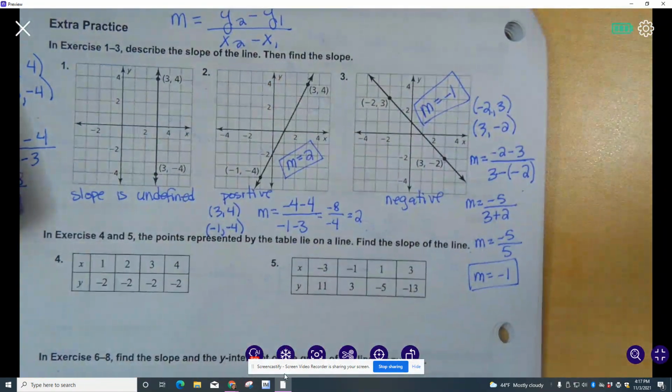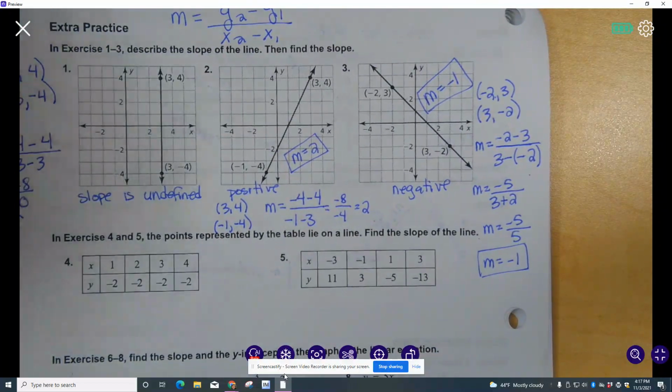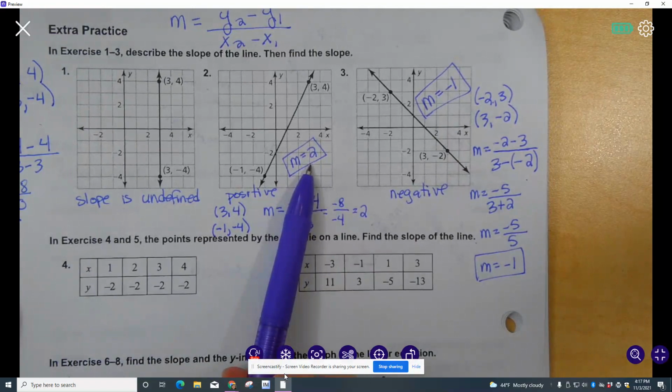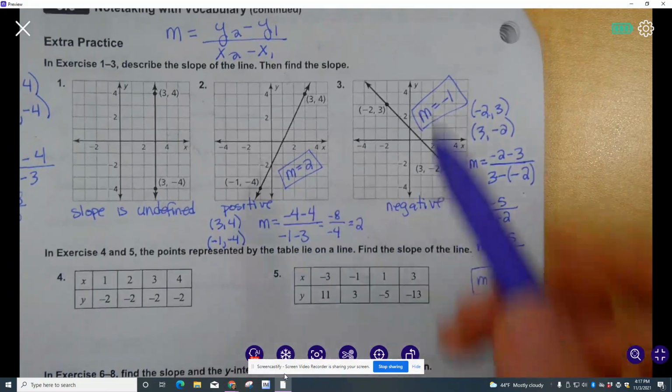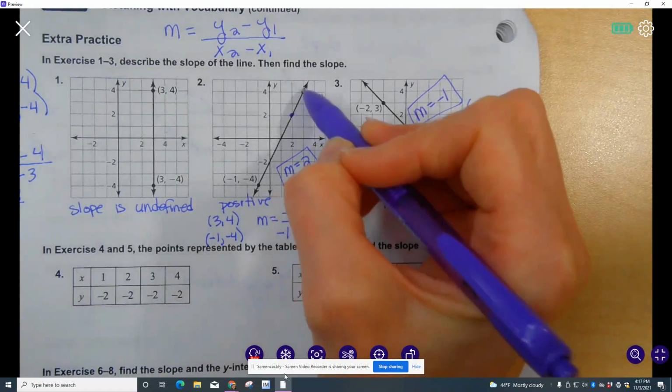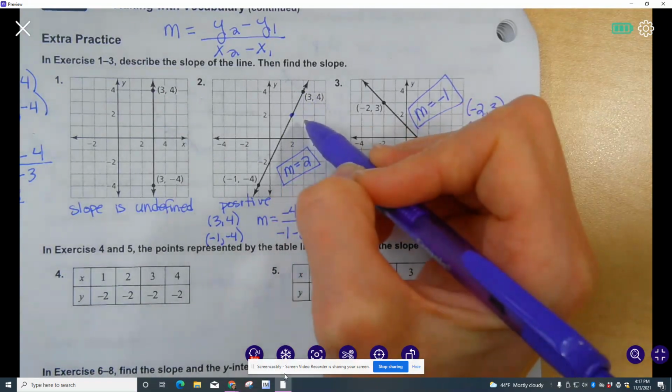Okay. Nice. Makes sense. Now I want to show you one thing while we're doing this. If I have a graph, I just use the formula to find out this slope was 2. Now pick 2 points on this graph that are right here where the grid intersects.